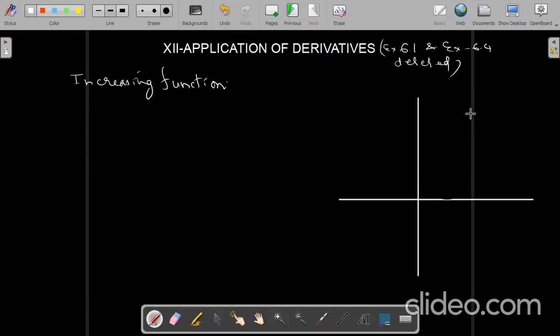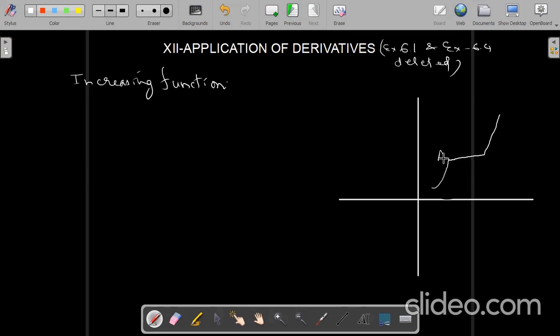But here, increasing means at some point it may not be increasing, means it will come like this and at this point it will stop increasing and it will go like this or like this. So you can see that type of turn, or corners.